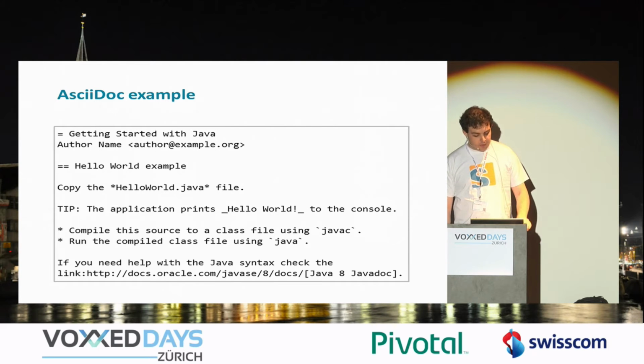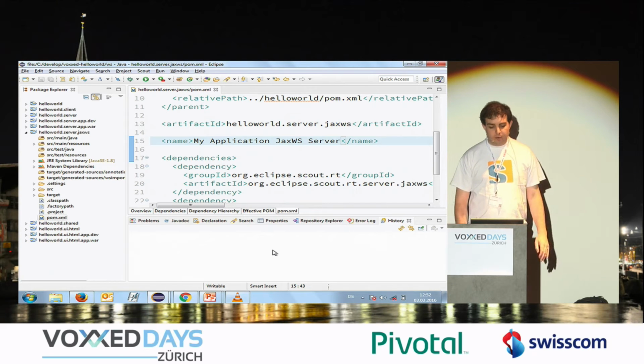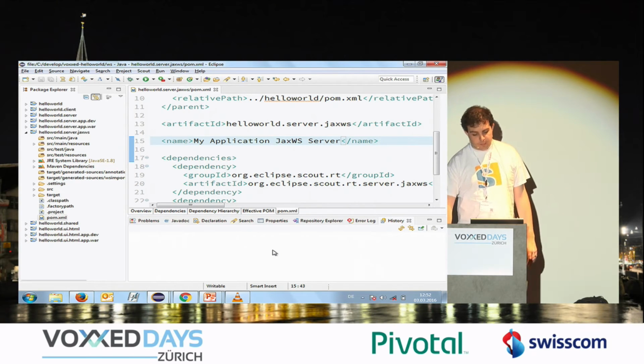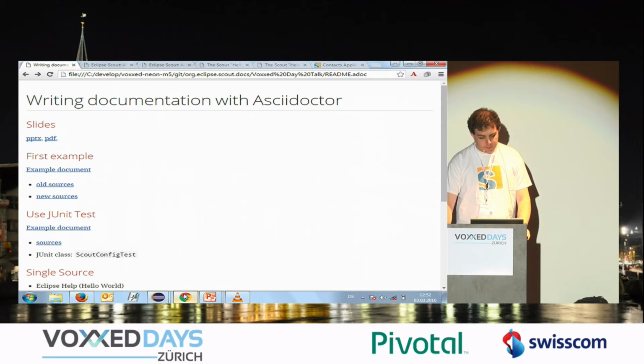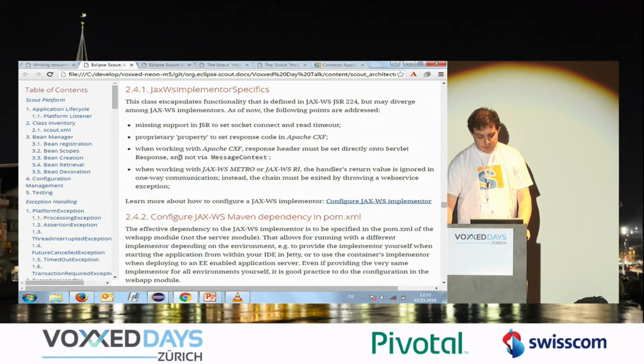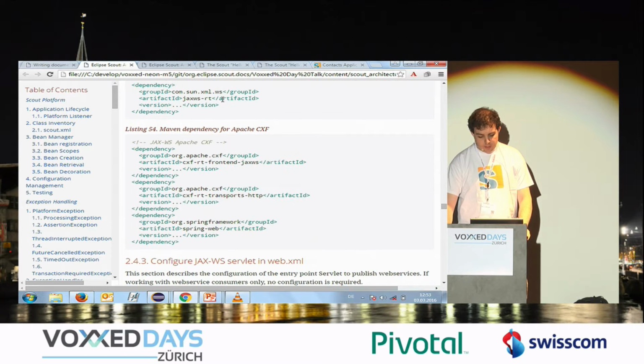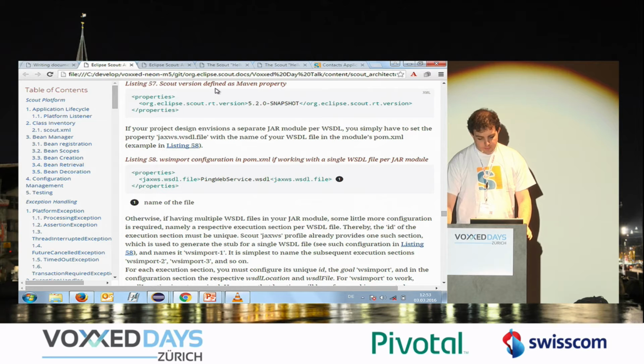And now I will switch to real code and a real example from our Eclipse Scout project. So let me open some documentation here. I do not know what your documentation looks like, but we have a lot of code snippets everywhere.